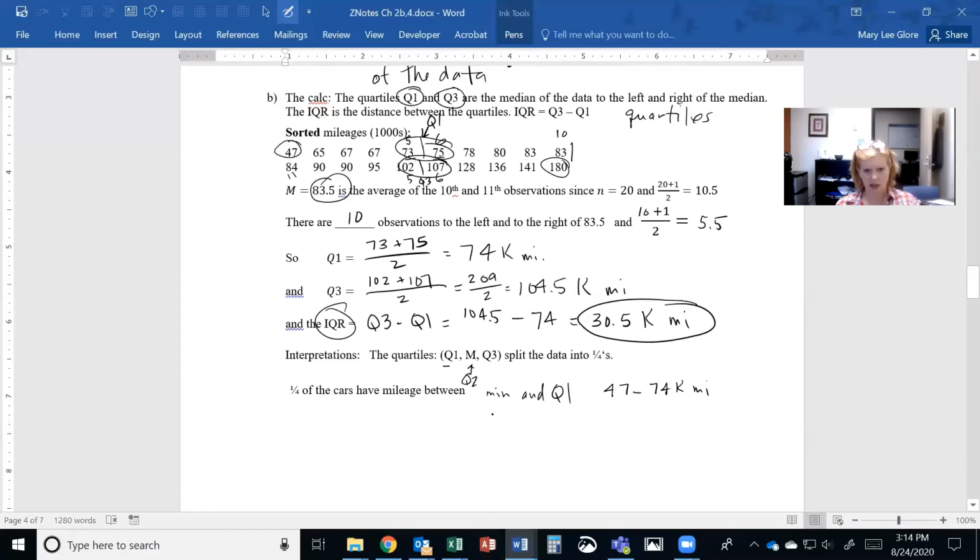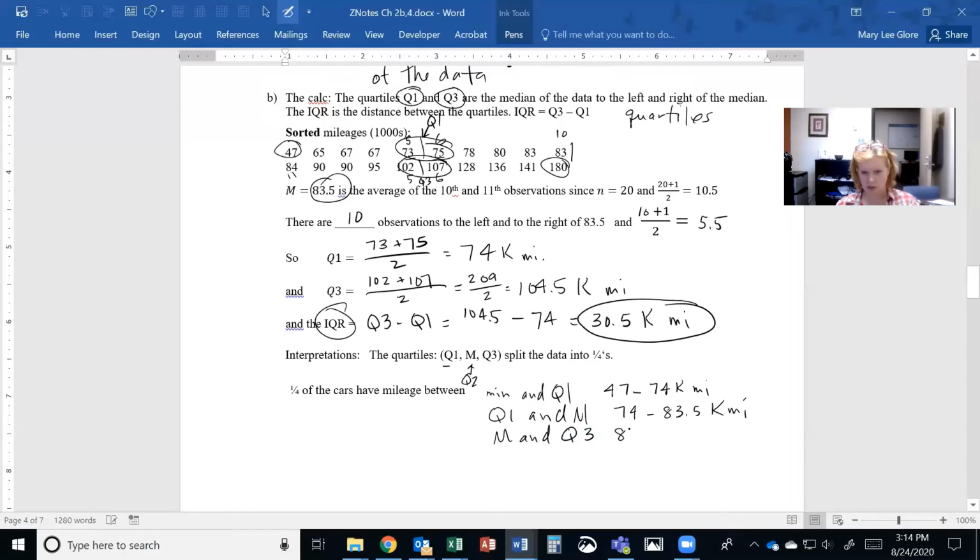And then I'm also going to have a fourth of the count between Q1 and the median. So that's between 74,000 miles and the median, which we said was 83.5. And then I have a fourth of the cars, which is again 20 over 4 is 5, between the median and the third quartile.